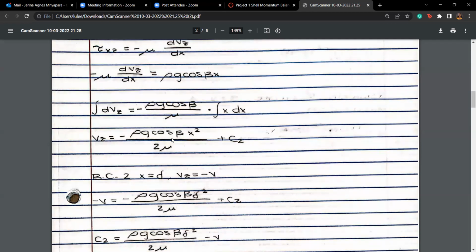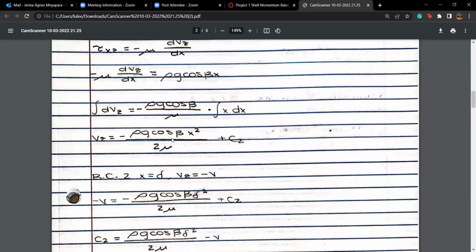Okay, and so for our second boundary condition to find our second constant, we set x equal to delta. Whenever x is equal to delta, the fluid is touching the moving belt. And so we know whenever x is equal to delta, our velocity is going to equal negative V because the belt is moving in the opposite direction of our axis. And so we get negative V is equal to negative rho g cosine beta delta squared over 2 mu plus our constant.